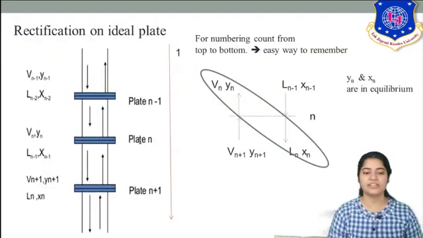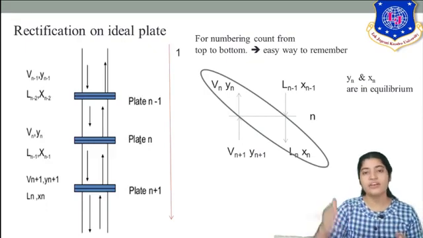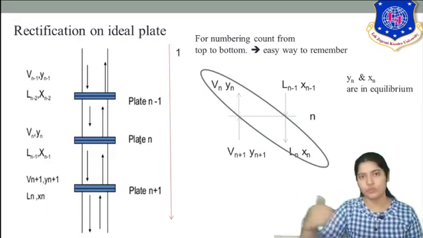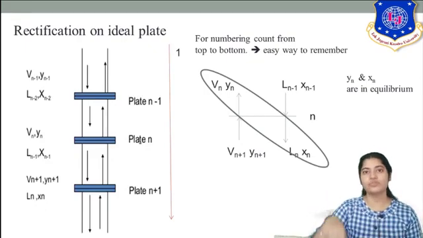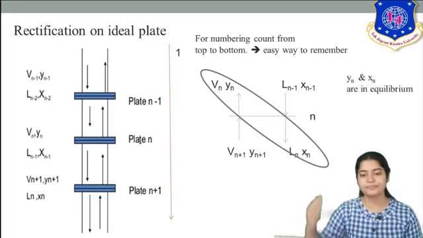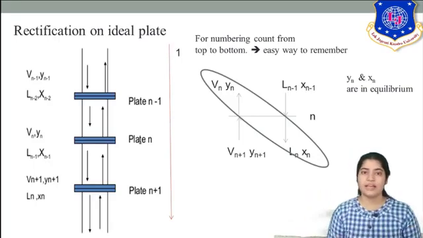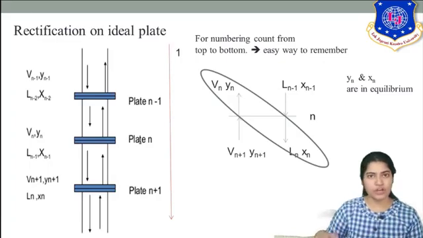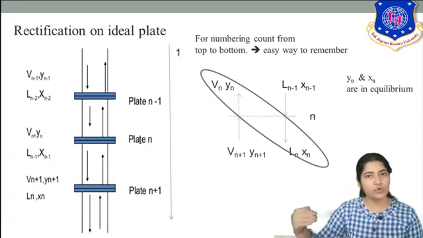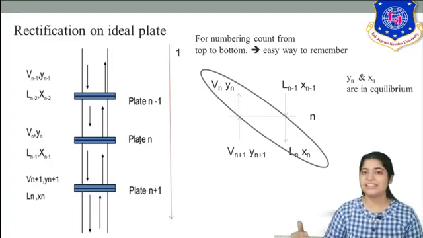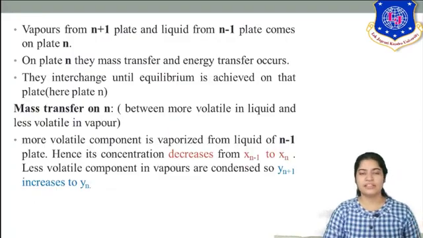This way, vapors which are going on top, their composition is increasing, whereas liquid which is going from top to bottom, the composition of the more volatile component is decreasing. So vapors going on top, their mole fraction is increasing; liquid going down, its mole fraction is decreasing. That is how your mass transfer occurs.